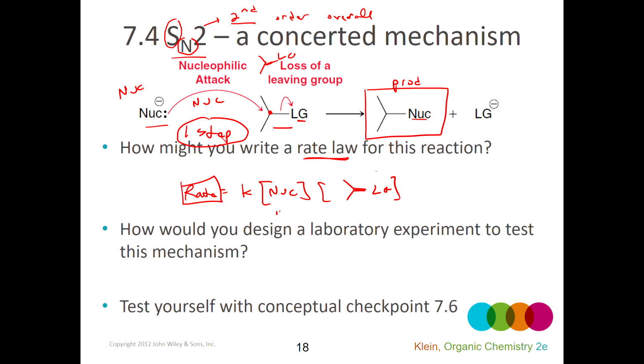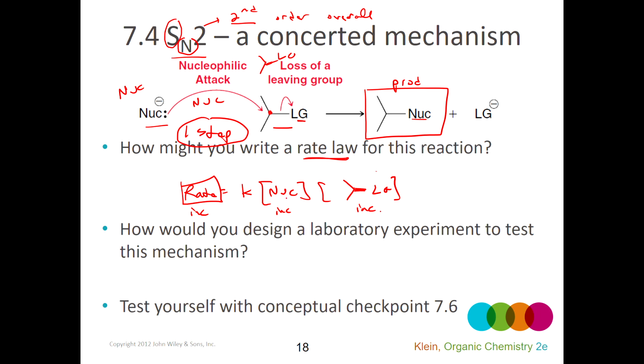So if I increase the molarity of either one of these to facilitate more collisions, that will have a proportional increase in the rate of product production. If I double the amount of nucleophile, the rate should double. If I double the amount of electrophile with the leaving group, the rate should double.